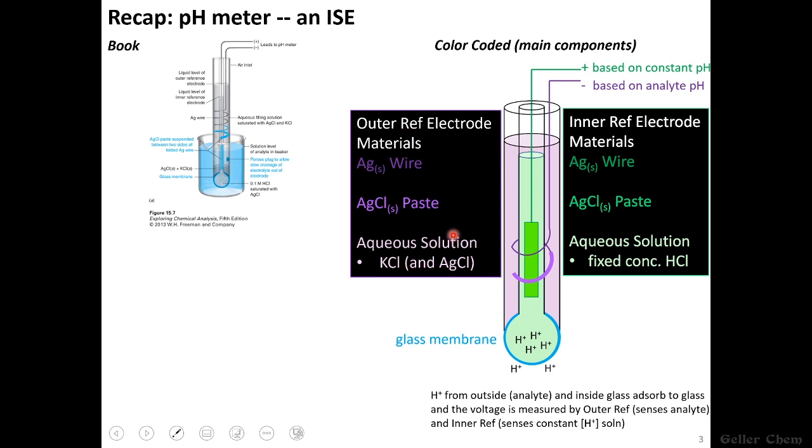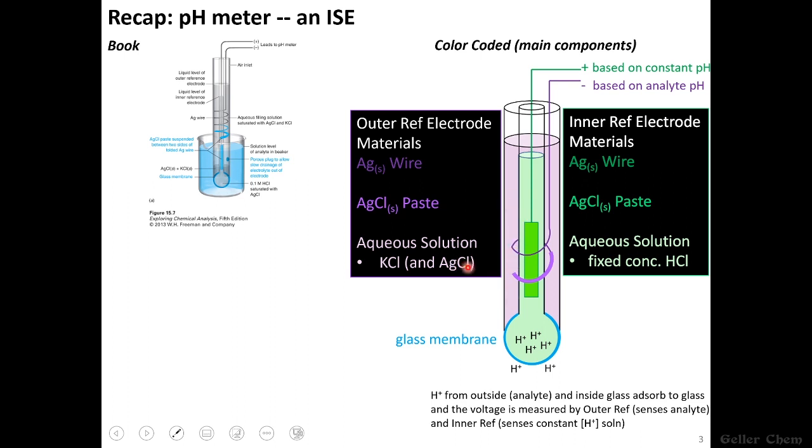Now, in the outer tube, we have a similar situation. We have a silver wire hooked up to the negative terminal. Towards the end, the silver wire is coated in silver chloride paste, so we have another silver chloride electrode. This is in contact with some aqueous solution that's saturated in KCl.